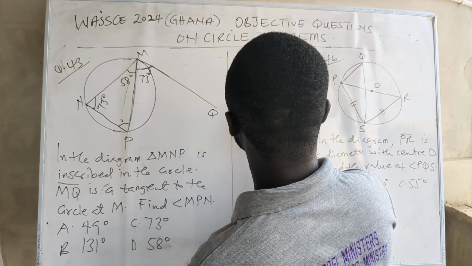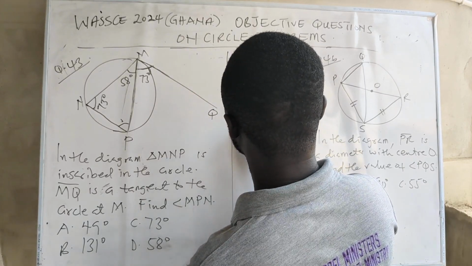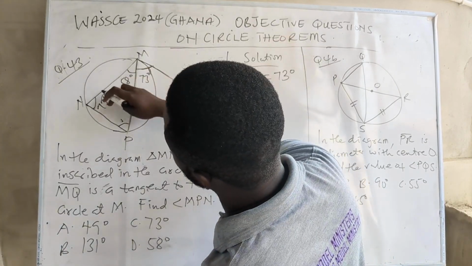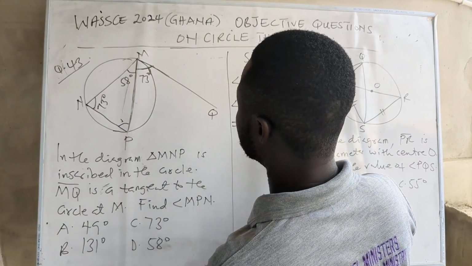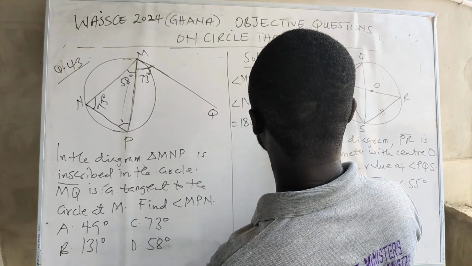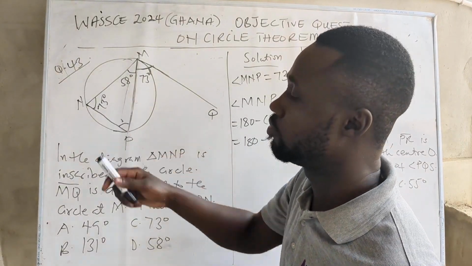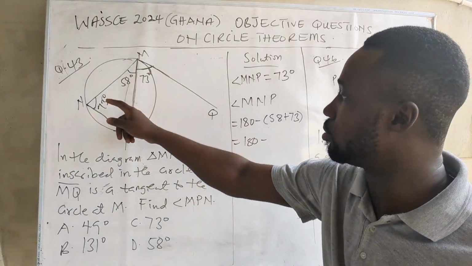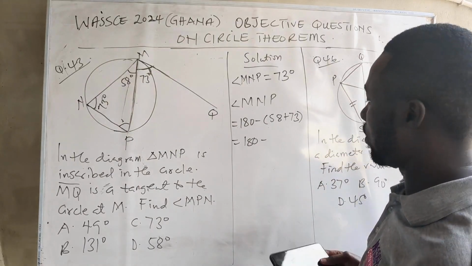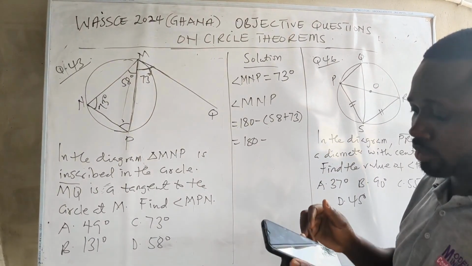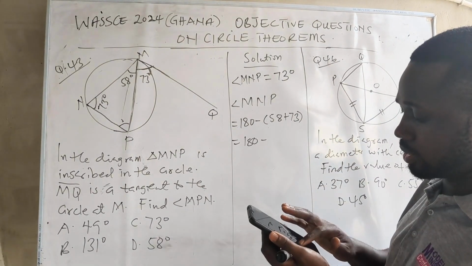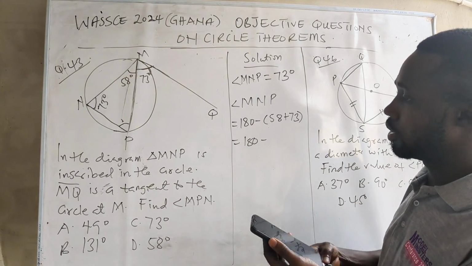Angle MPN is 180 minus the addition of these two, 58 plus 73. Since the sum of the three angles gives 180, when I add these two and subtract from 180, I'll get my answer. All right, 58 plus 73 will give me 131.